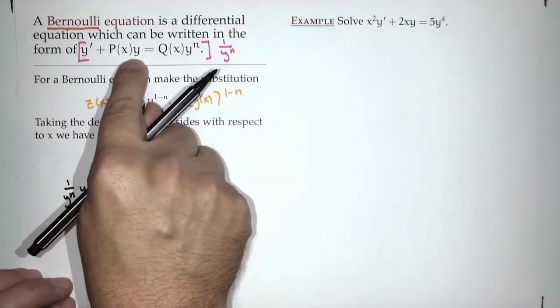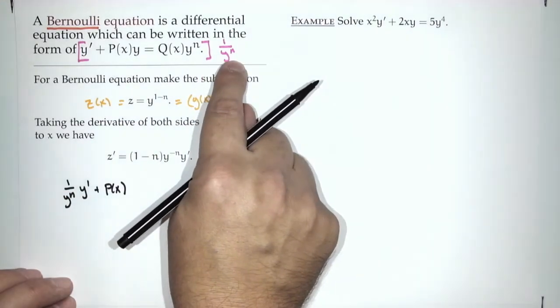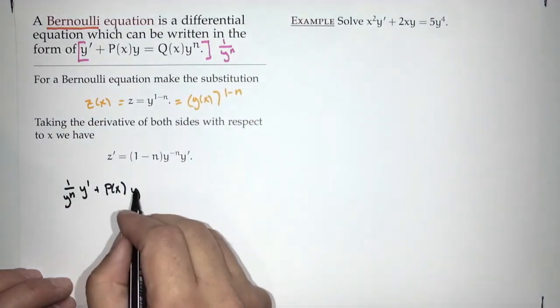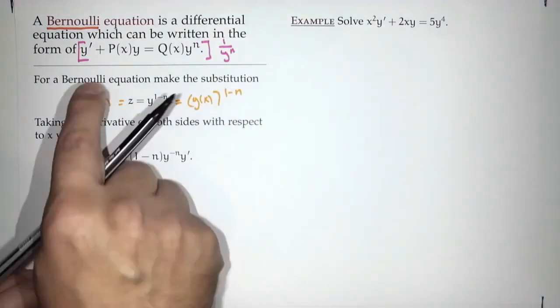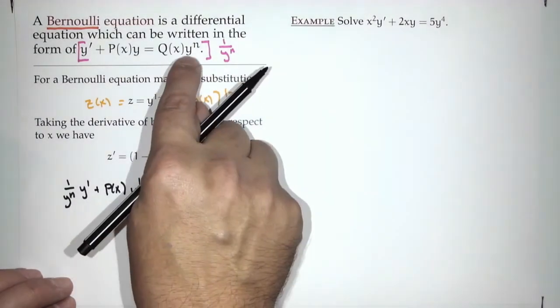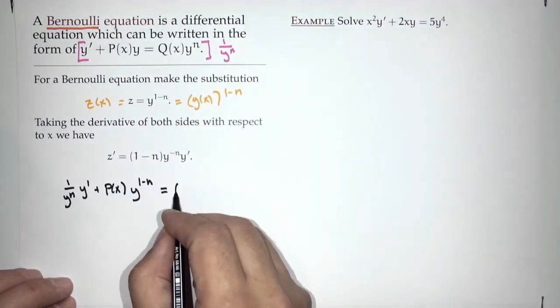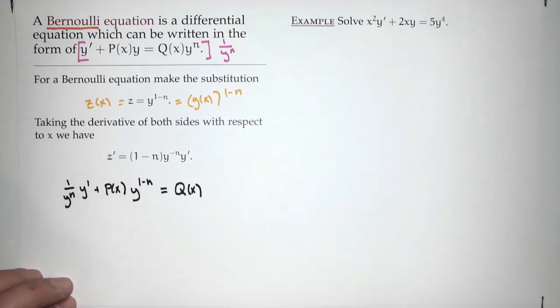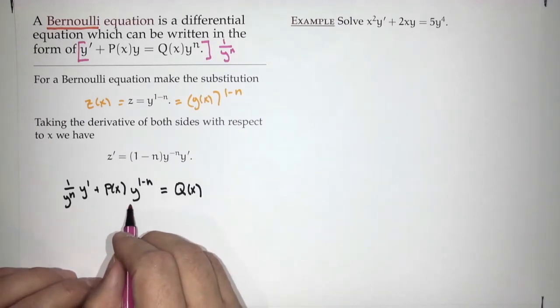And here I have y to the 1. Downstairs I have y to the n. I can write that as y to the power 1 minus n, just combining. On the other side, the y to the n's cancel. So we get q of x.